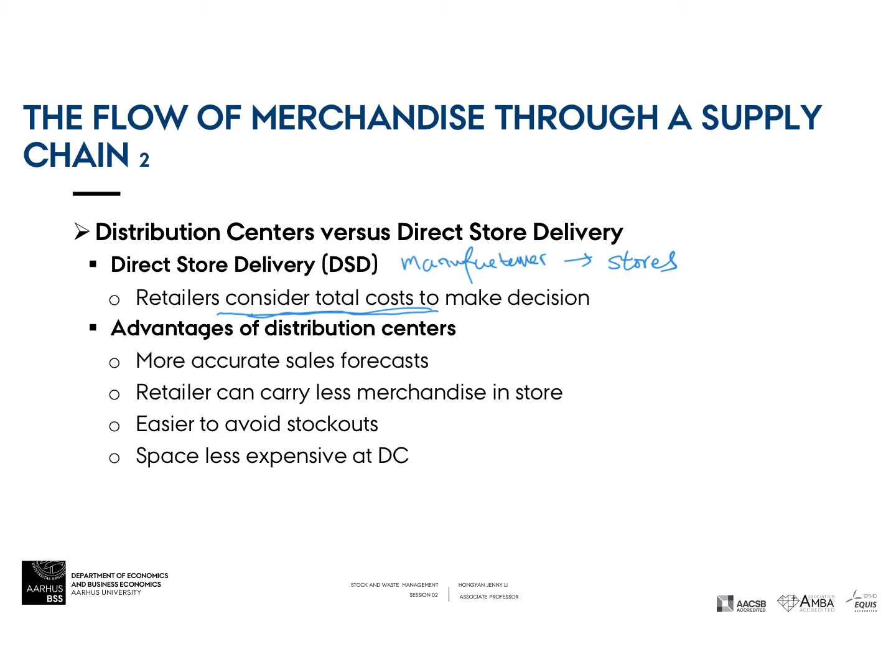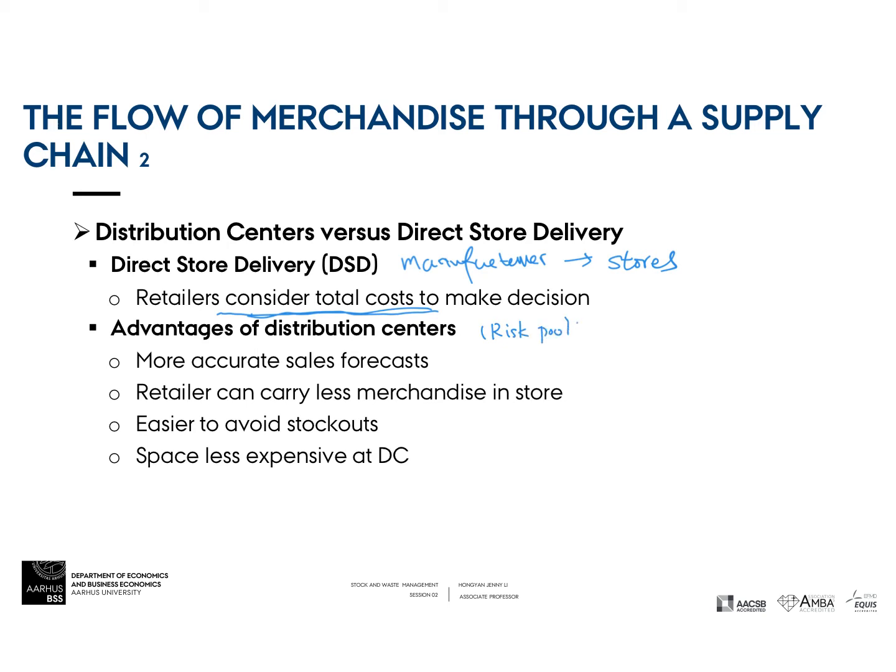And the advantage of distribution centers is that the products can also be delivered through a distribution center. So first, this has different advantages. For example, the risk pooling we have talked about.